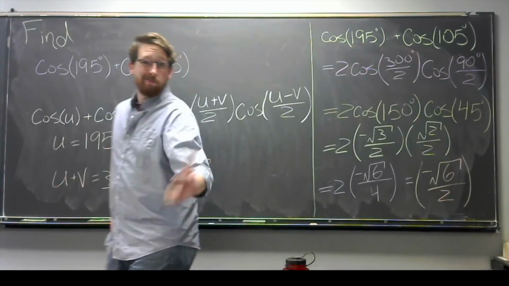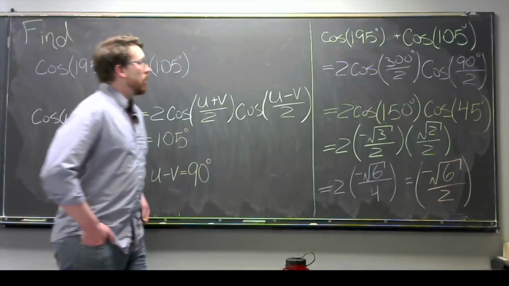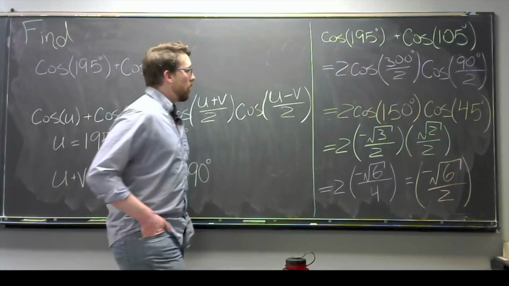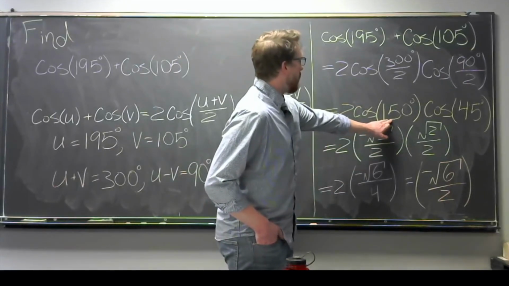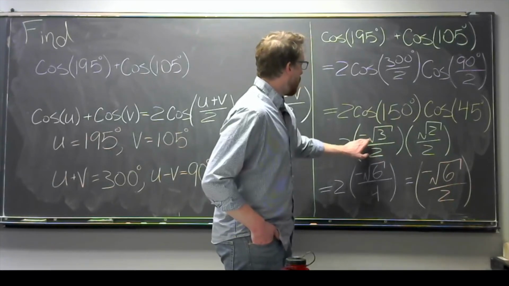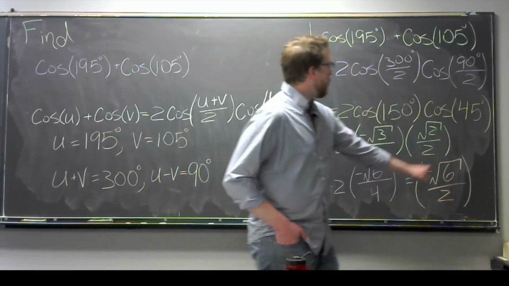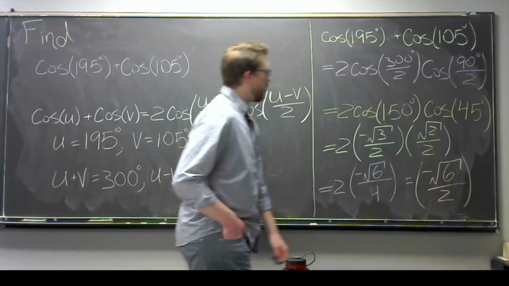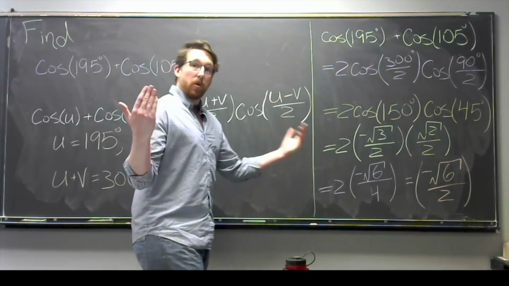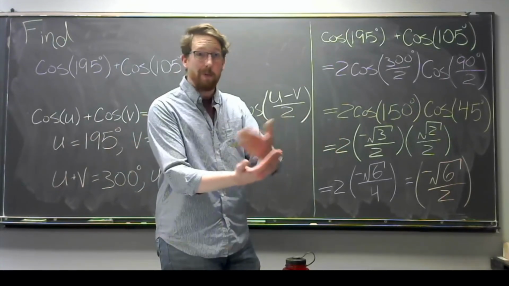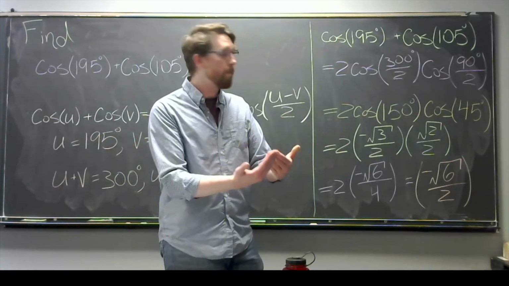And that's it. That's all there is to it. Just massaging the algebra, right? We knew that the cosine of 150 degrees is negative square root of 3 over 2. We know that the cosine of 45 degrees is the square root of 2 over 2. We know that if we have two radicals multiplying together, we can just put them under one radical and multiply everything inside of them together.